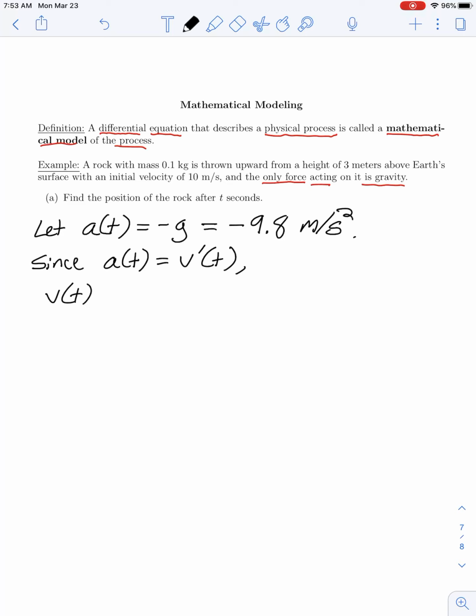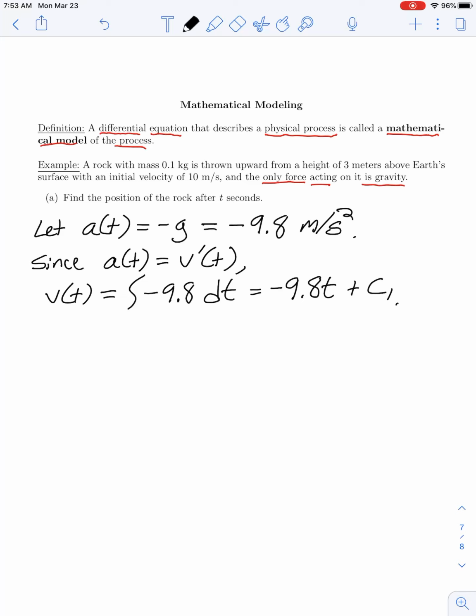So to get v of t, the velocity, we would take the antiderivative of a of t, which was negative 9.8 meters per second squared, integrating with respect to t here. And we find that our antiderivative is then negative 9.8 times t plus some constant. I'm going to call it c1.